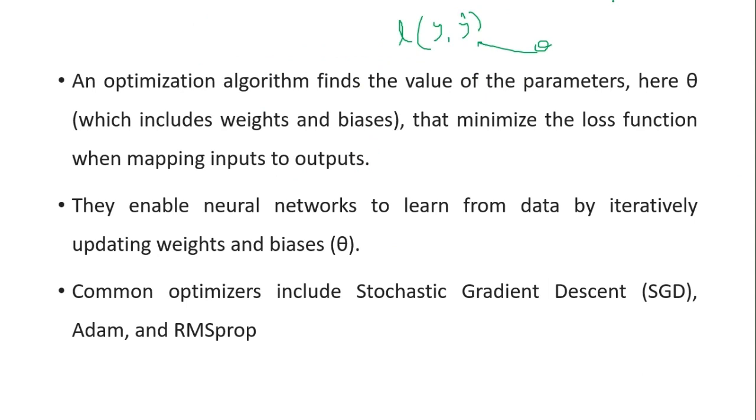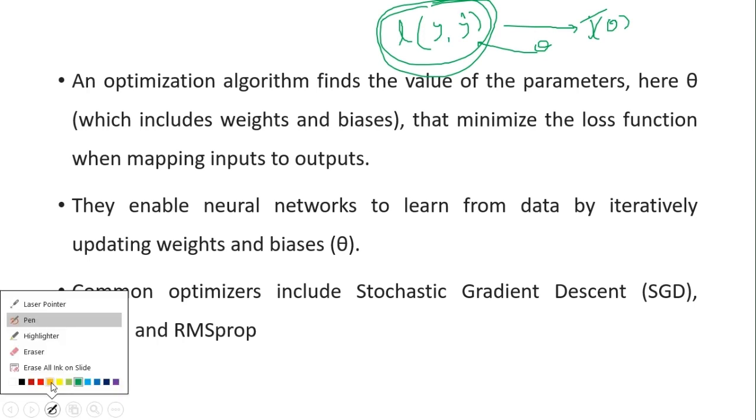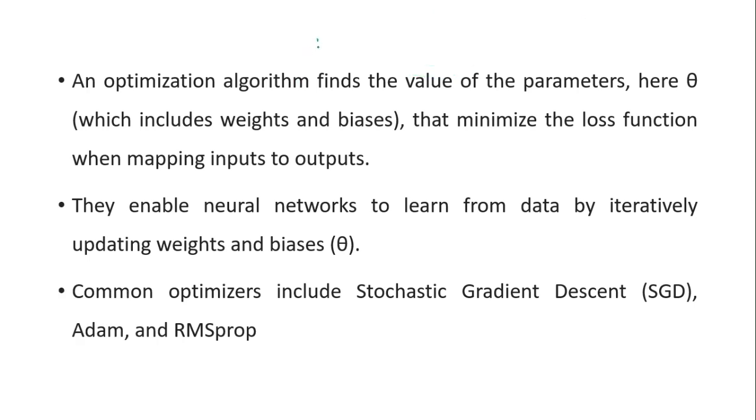So as I told you, we need to optimize the loss function. Say here the loss function is j of theta. Actually, our loss function is j of y comma y cap. So we need to optimize this function.